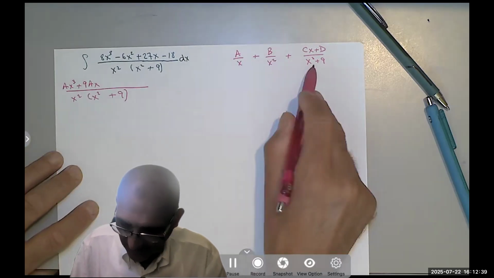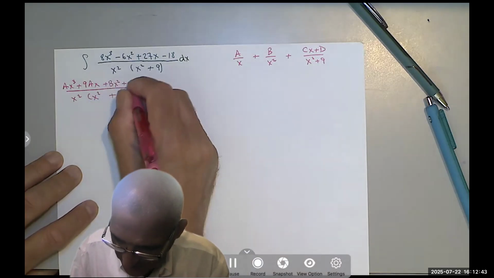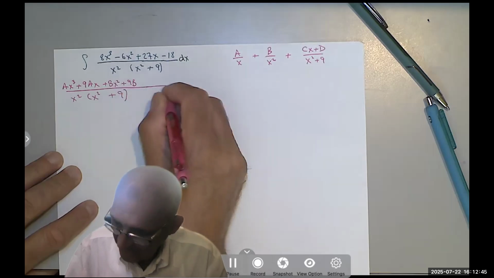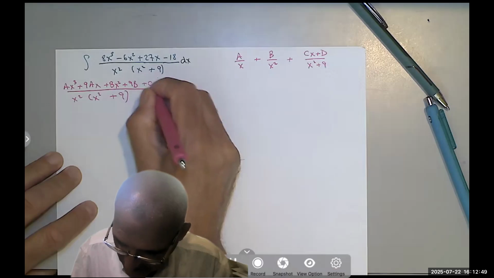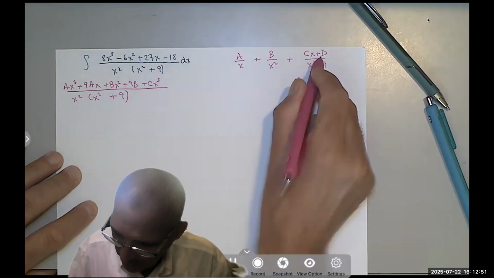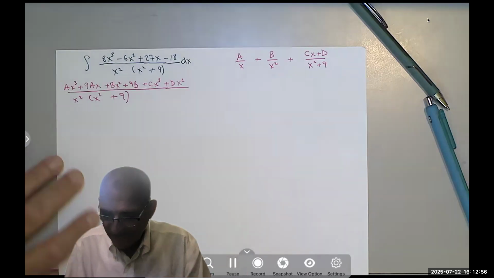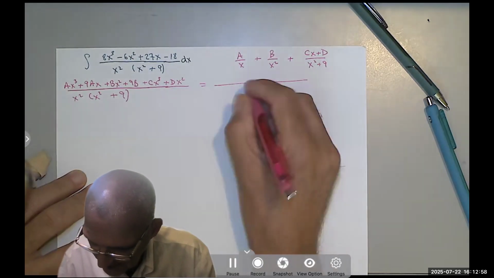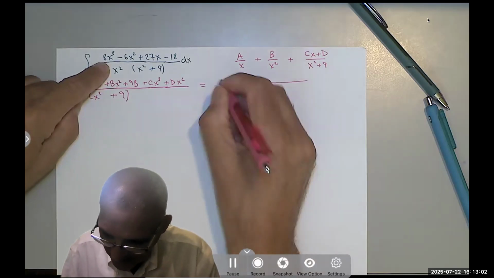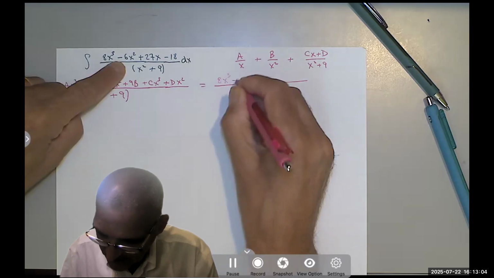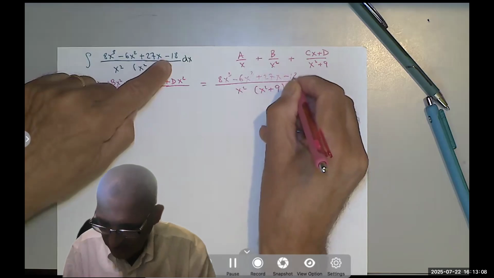The b is multiplied by that, so plus bx squared plus 9b. And then this would be multiplied by x squared, so plus cx cubed plus dx squared. All of this would be the same as 8x cubed minus 6x squared plus 27x minus 18.